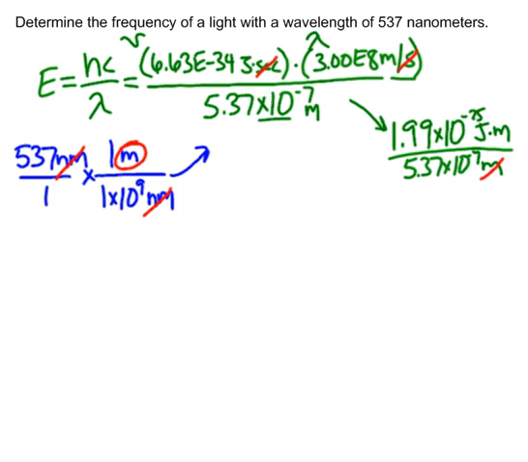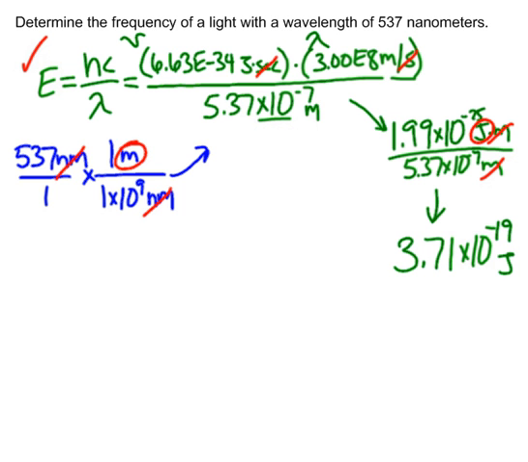Now my meters are going to cancel out, and I'm going to be left with just joules, which is a unit of energy, which is what I want. So I'll go down one more step, and I'm going to end up with 3.71 times 10 to the negative 19 joules.